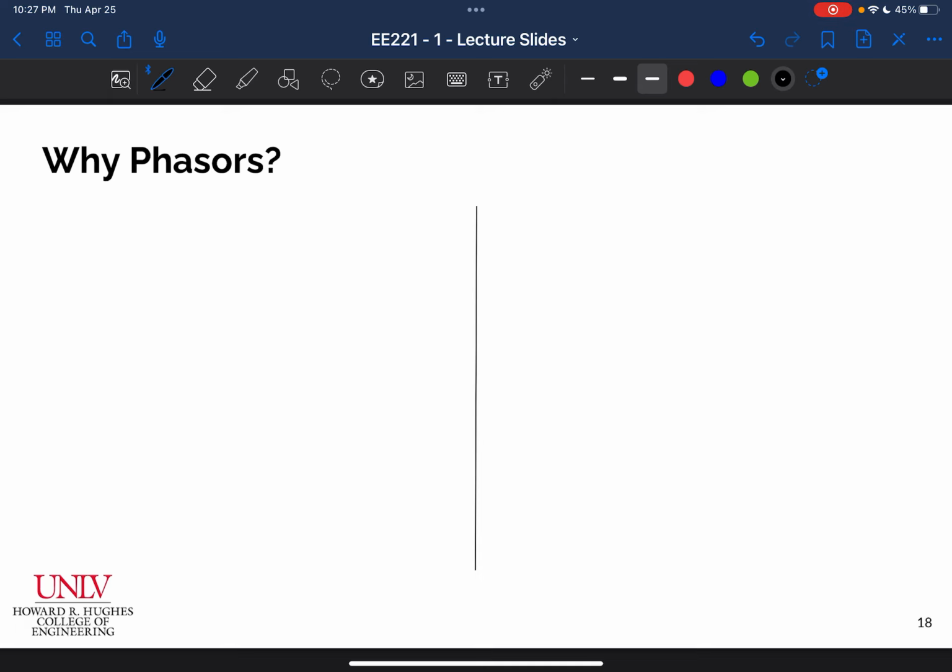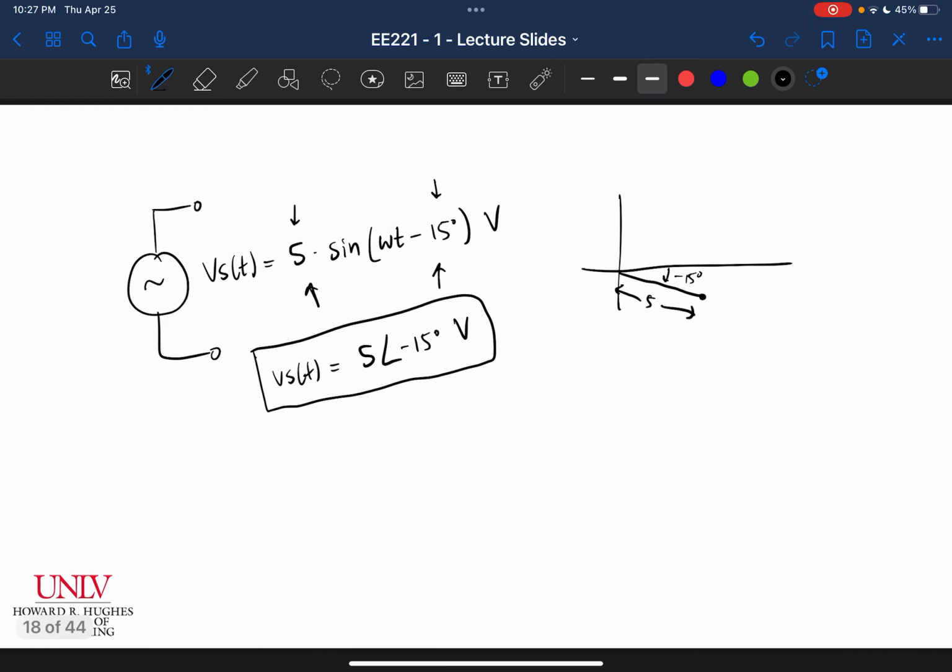Well, the benefit is that when we go through to do all this math for these circuits, we're going to need to do a couple of different things. We're going to need to add, subtract, multiply, and divide. And when it comes to adding two sine waves, I highly doubt that you want to sit here and take something like 5 times the sine of omega t minus 15 degrees and add it to something like 3 times the cosine of omega t plus 72 degrees.